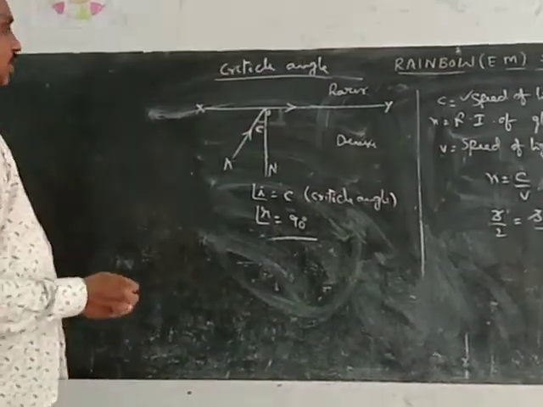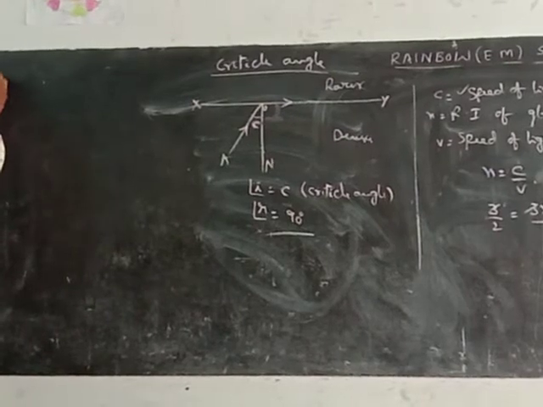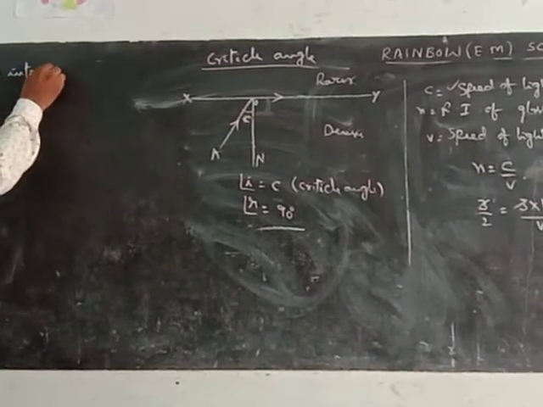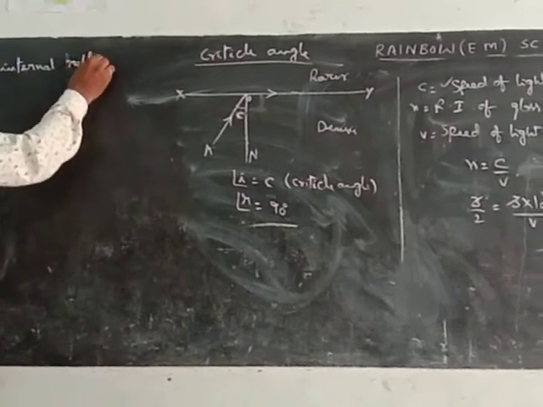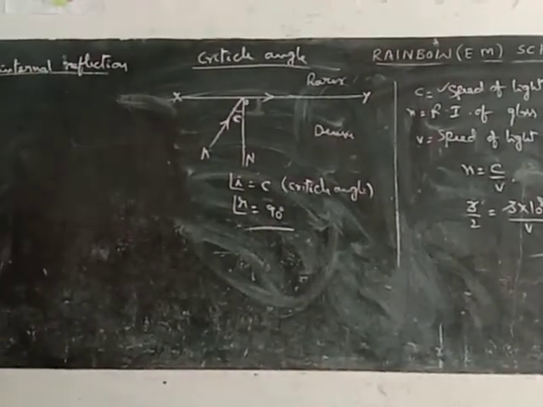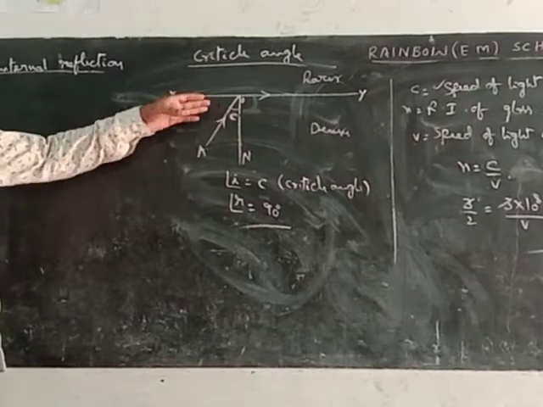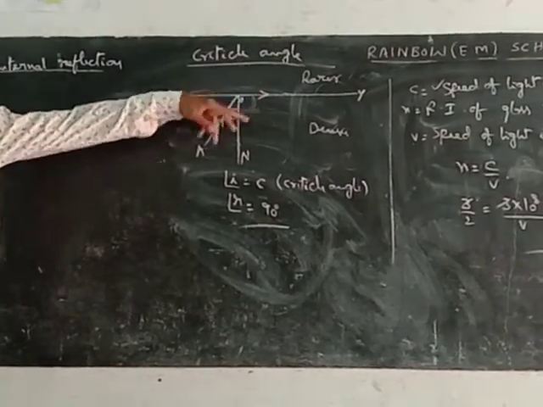Another one is total internal reflection. Total internal reflection means, suppose already you know critical angle. It is the angle of incidence at which the refracted ray grazes the separation of the two media.